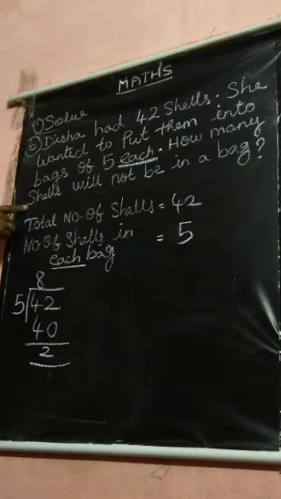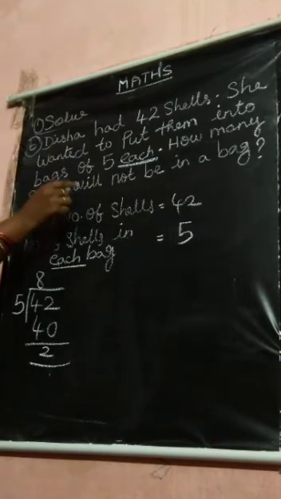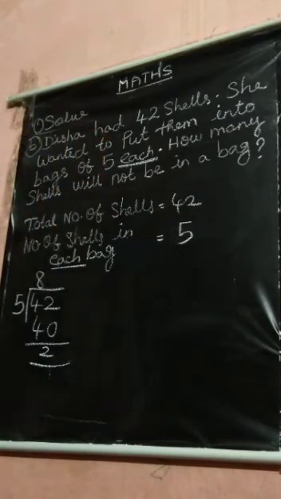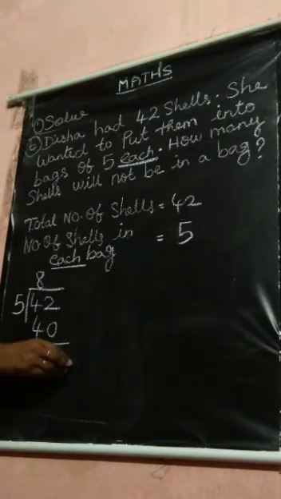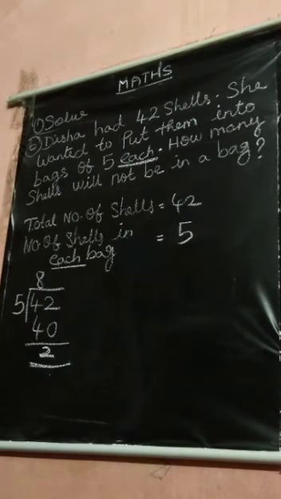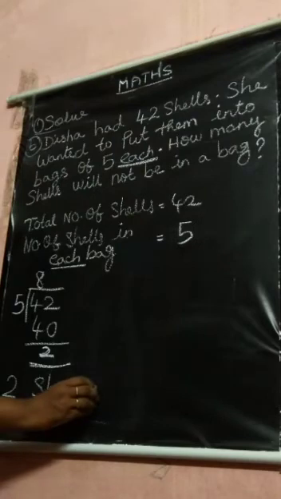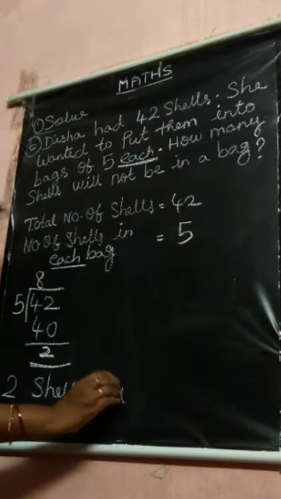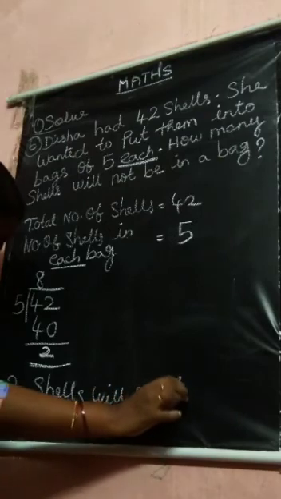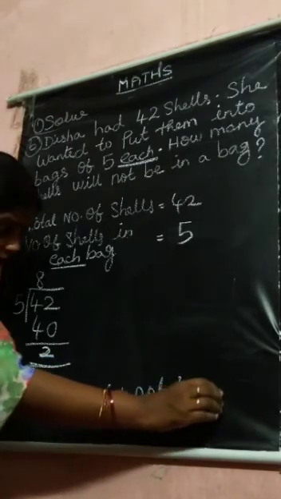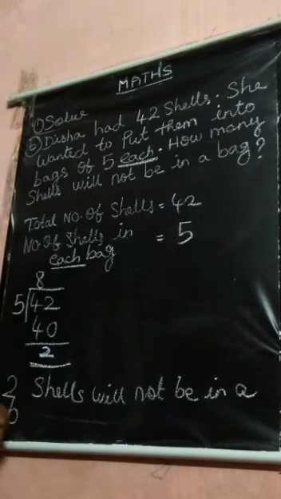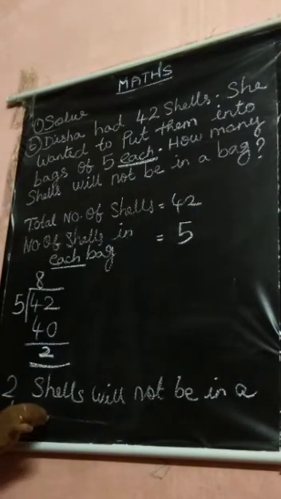The question is asking how many shells will not be in a bag. The 2 is the remainder, no? So 2 shells will not be in a bag.